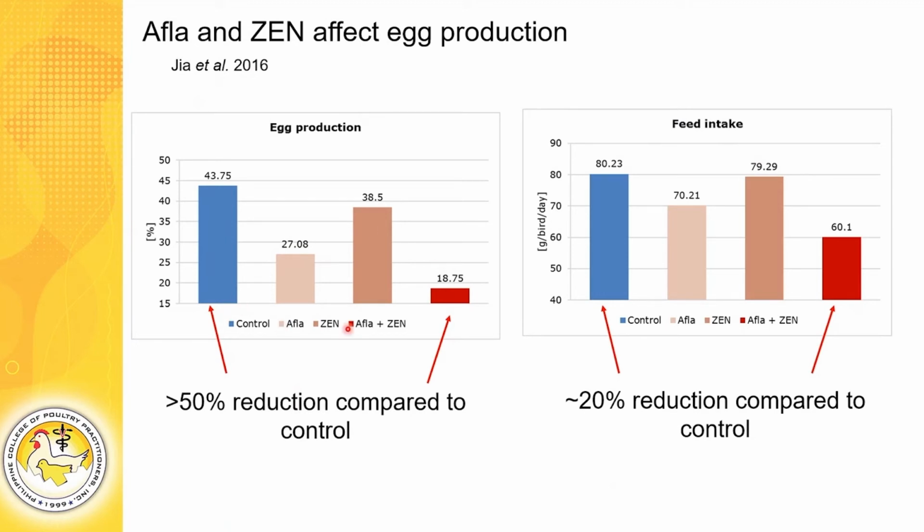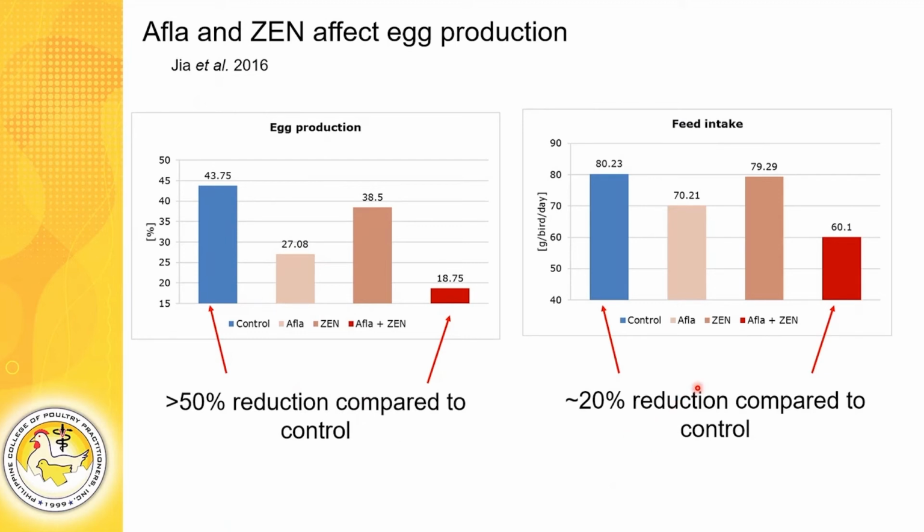You can see easily that the groups that received both mycotoxins together, aflatoxin and zearalenone, had a much worse egg production compared to the mycotoxins alone, and also a much worse feed intake. Specifically, we're talking about a 50% reduction in egg production compared to control, and a 20% reduction in feed intake compared to control.